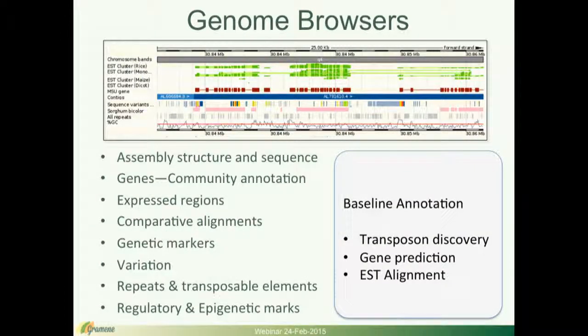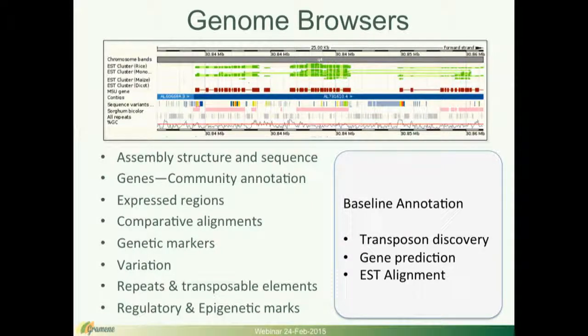So I'm going to run through some of the visualization. This is a typical genome browser. What we show is a combination of publicly available information that came from the genome project, including annotations and the actual sequence itself. We bring in variation data, and then we provide our own analysis.